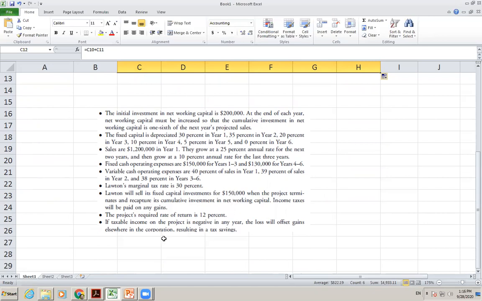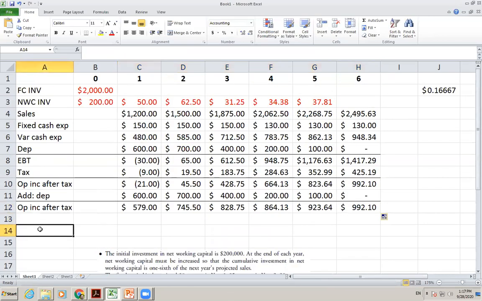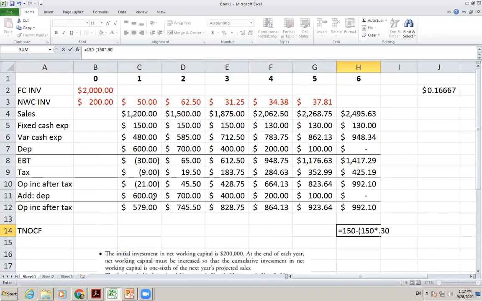The total after-tax cash flow, but the terminal value, should be equal to... So we need to find terminal non-operating cash flow. We're selling for 150,000 minus the tax amount, so 150 times 0.30. This is what we get.